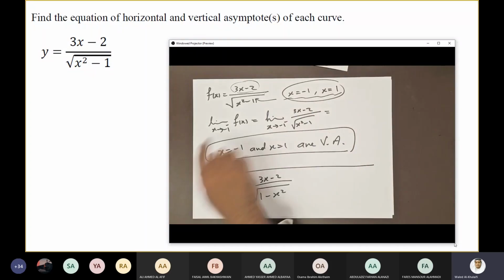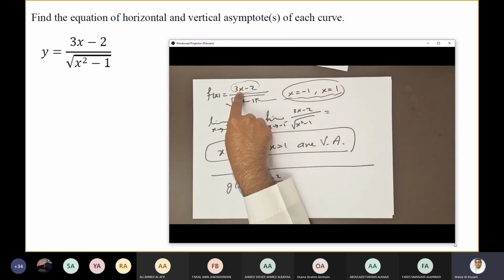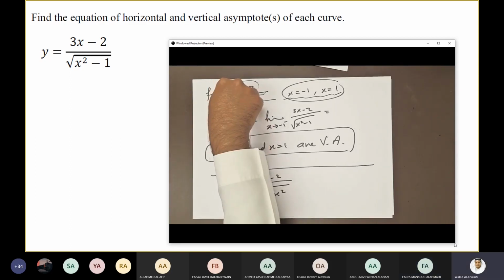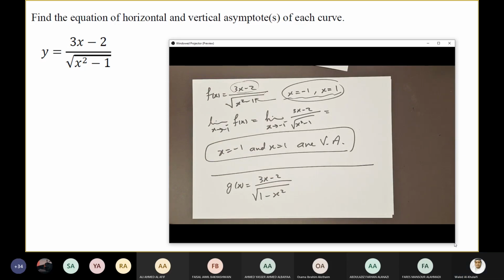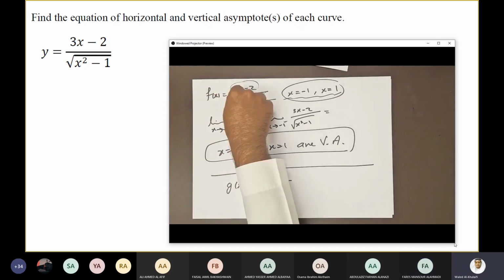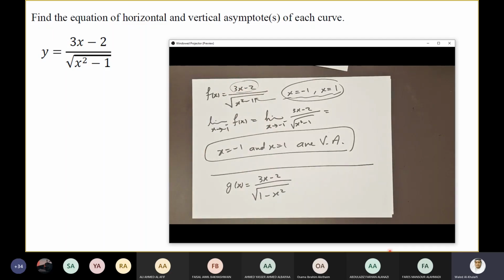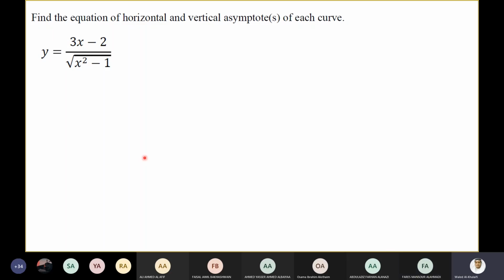And also for this one, if one of them gave you 0 in the numerator, then you say no, I have to do the limit and figure out what it will give me. The important thing is that the denominator is 0 but I don't want the numerator to be 0. If it makes the numerator 0, then I have to do the limit and see what exactly I will get.